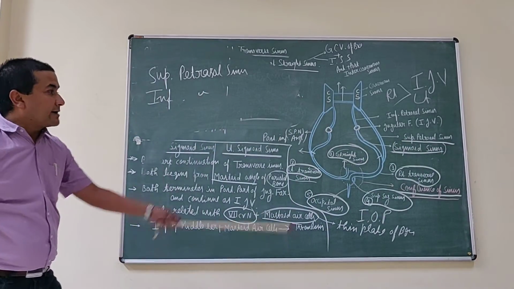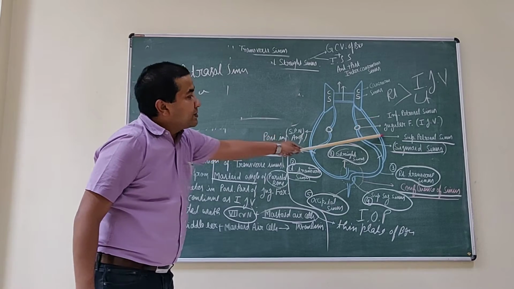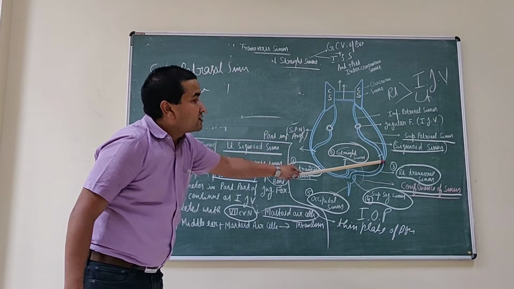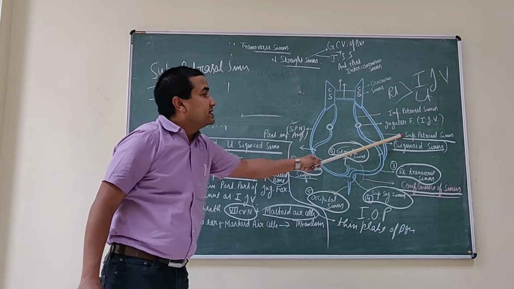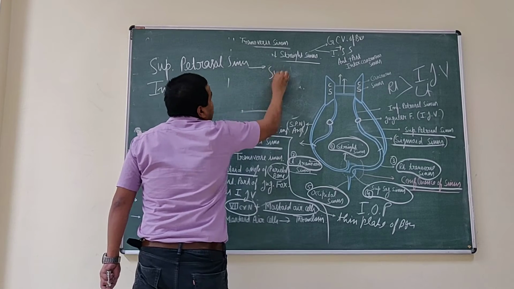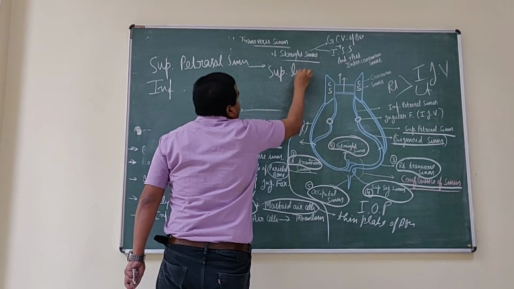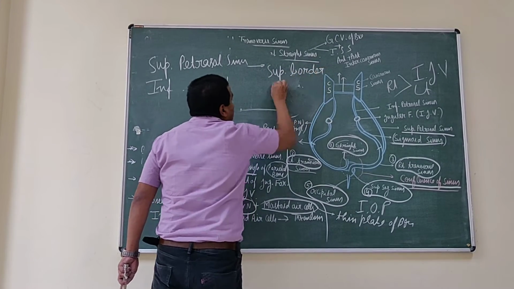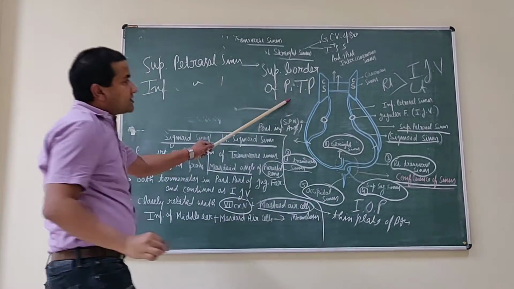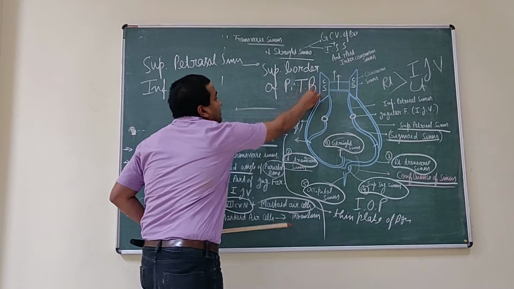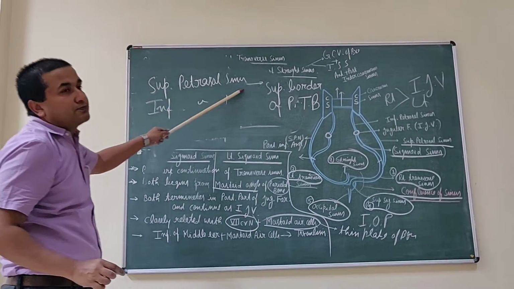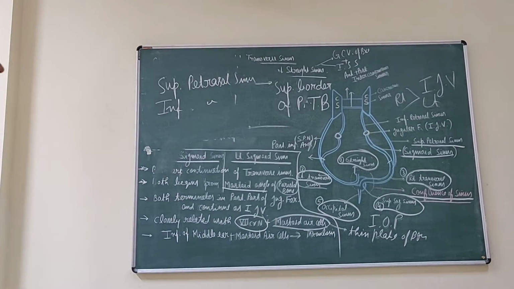We have discussed in the cavernous sinus that the superior petrosal sinus connects the cavernous sinus with the transverse sinus. And this superior petrosal sinus is present along the superior border of the petrous temporal bone, PTB. Its superior border provides this position of the superior petrosal sinus.